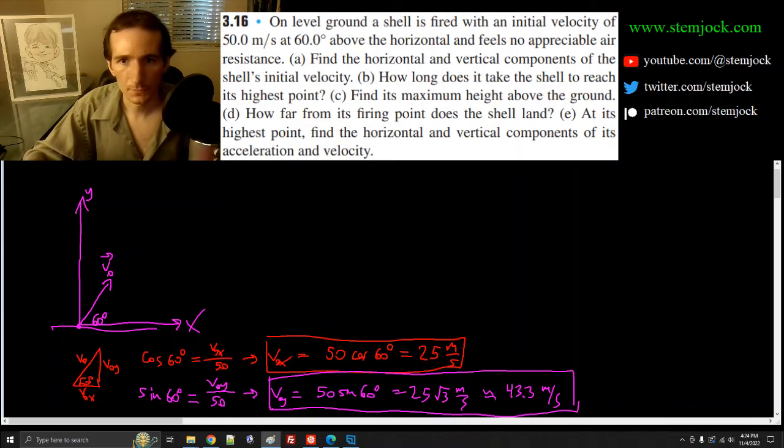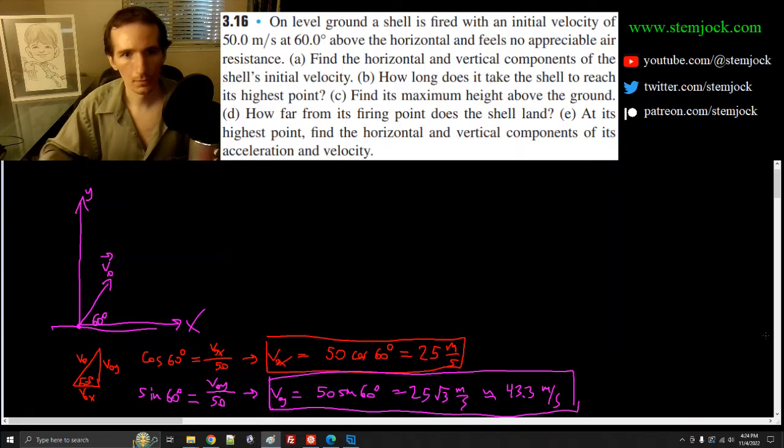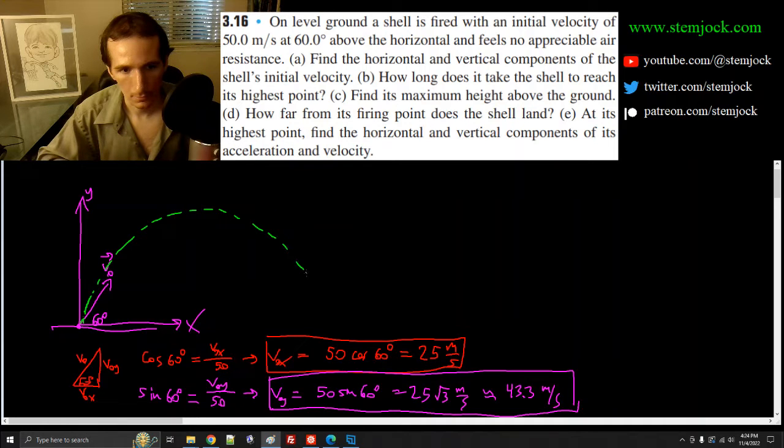All right, what's next? How long does it take the shell to reach its highest point? So we're looking for time, t. The shell's motion is going to be a parabola because there's no air resistance. So it's going to look like this, very roughly. For part B, this will be our final position, and this will be our initial position.